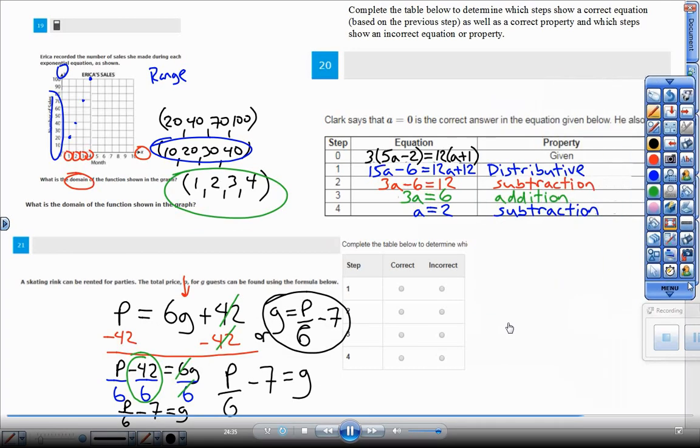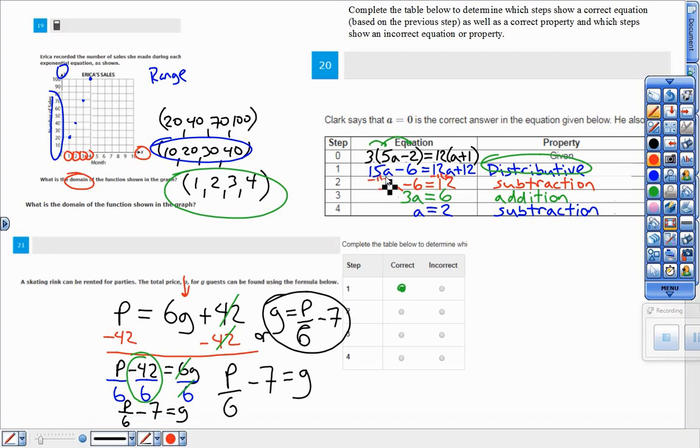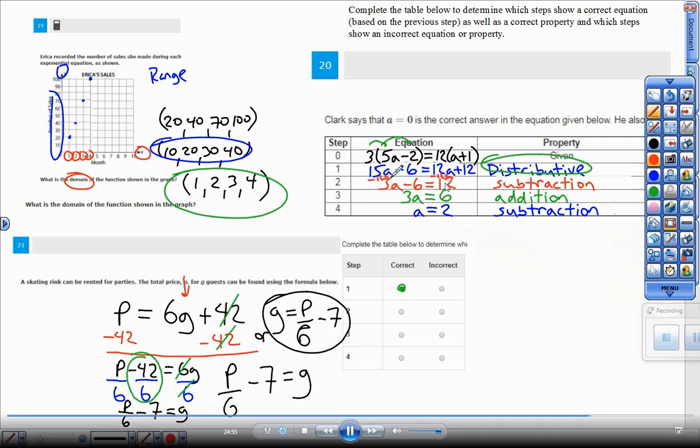Okay, next problem. Again, do the math and then check the step. If I distribute this, take that 3 times 5a minus 2, distribute, it says distribute, so that matches the correct math. Correct. Next step, take away 12a on both sides. If it matches that subtraction I did, minus 12a, that is correct.